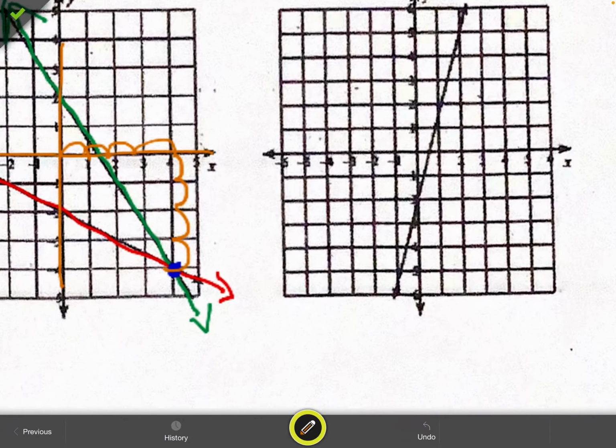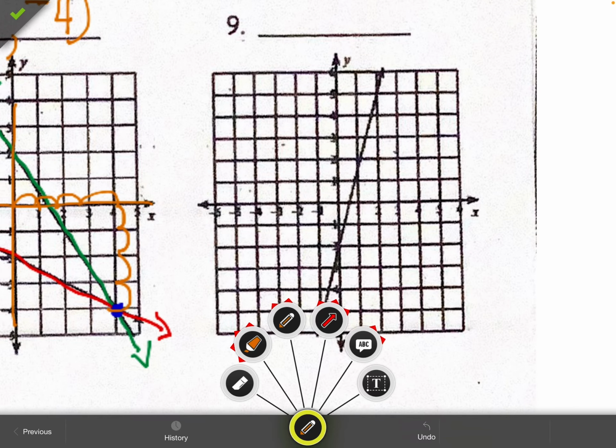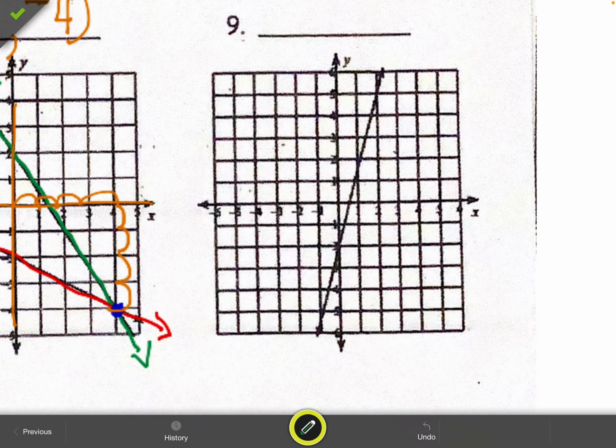Now, number 9, whether you tried it or not. Number 9, when I get to it, I go, huh, there's only one line. Okay, so what happened is when this was graphed, they graphed two equations, but the two equations ended up being the exact same line. Okay, so they graphed the first one, and you'll see this happen in Desmos when you get to the practice.